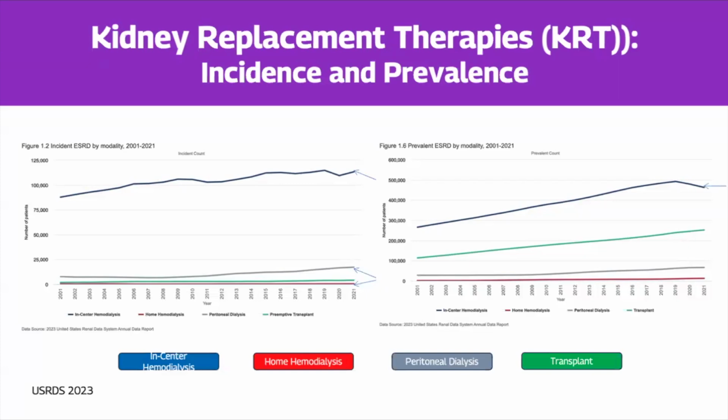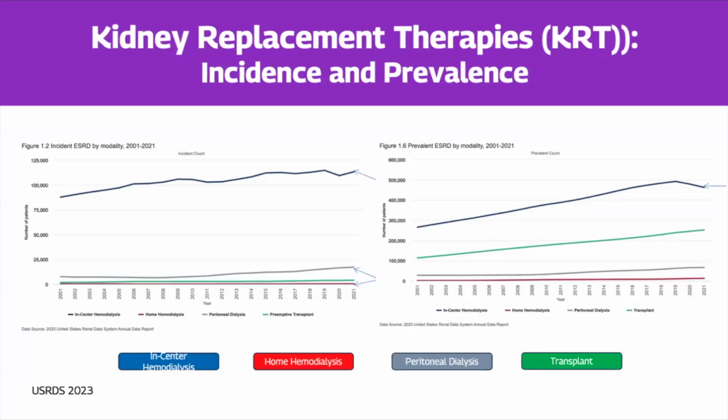Those patients starting home hemodialysis, which is the red line, is very low at 500, but it has gone up over time. Much larger was the number of patients who initiated peritoneal dialysis, which reached over 16,000, and that's the gray line on the left. And the green line are the preemptive transplant patients. They counted for 4,000 people in 2021.